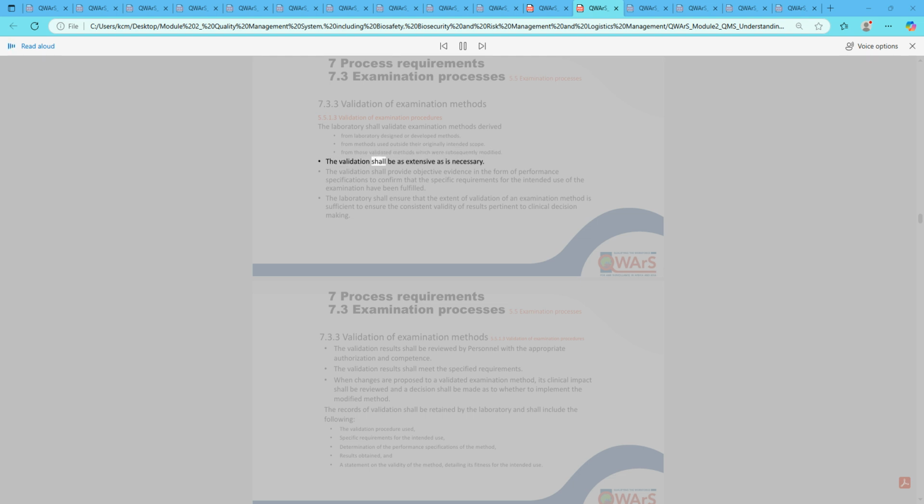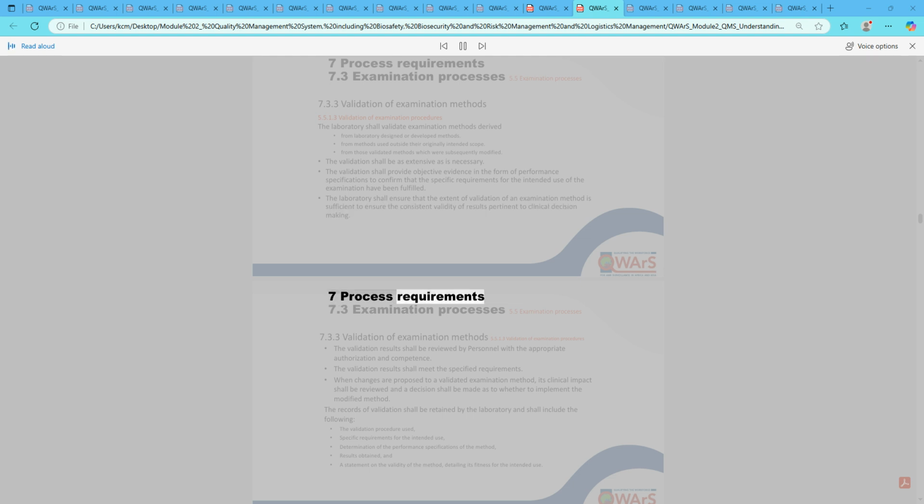The validation shall be as extensive as is necessary. The validation shall provide objective evidence in the form of performance specifications to confirm that the specific requirements for the intended use of the examination have been fulfilled. The laboratory shall ensure that the extent of validation of an examination method is sufficient to ensure the consistent validity of results pertinent to clinical decision-making.